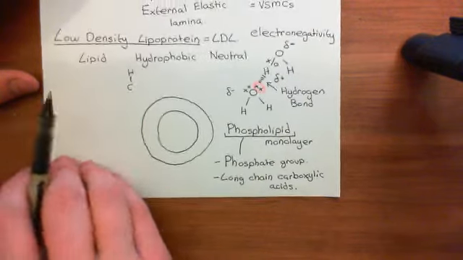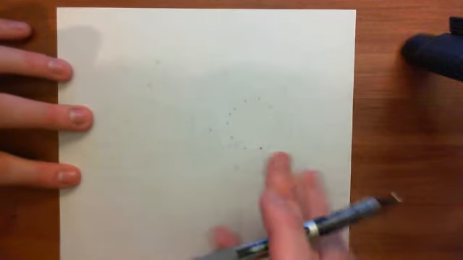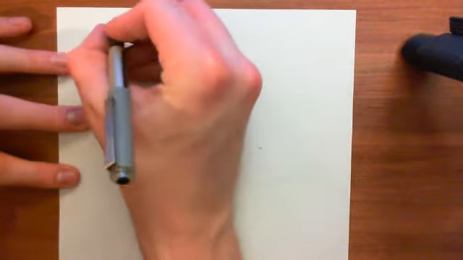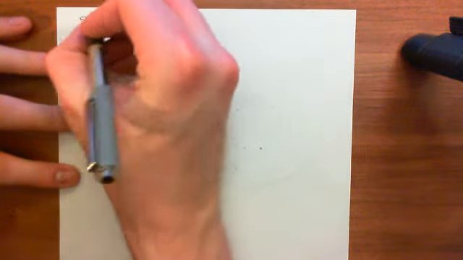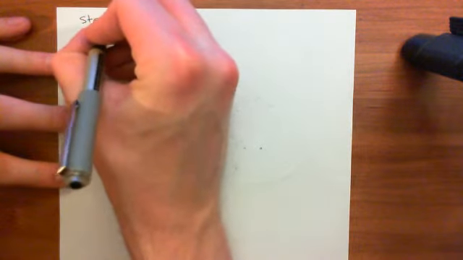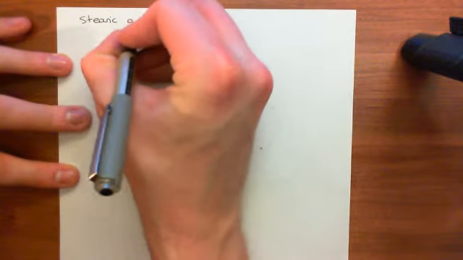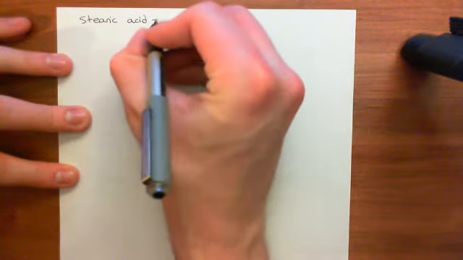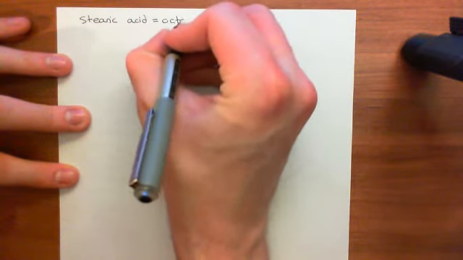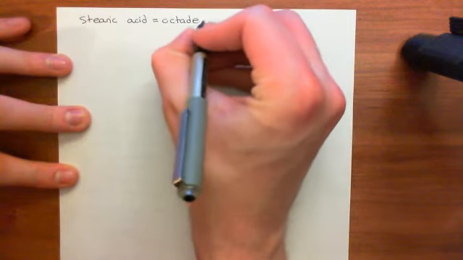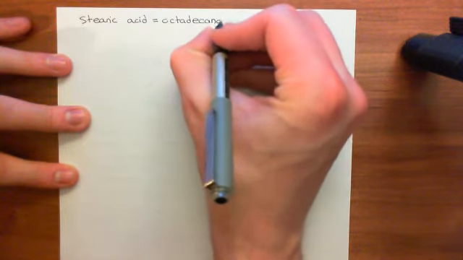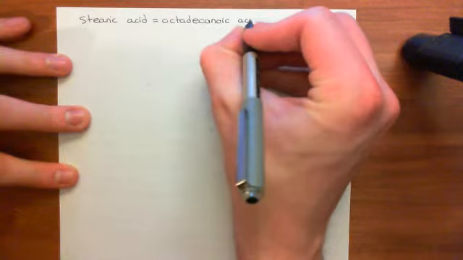Let me give you an example, and I'll go over onto the other side to do this. A nice example is stearic acid, and the proper name for stearic acid is octadecanoic acid. Stearic acid is the old name for it. The more correct name is octadecanoic acid.